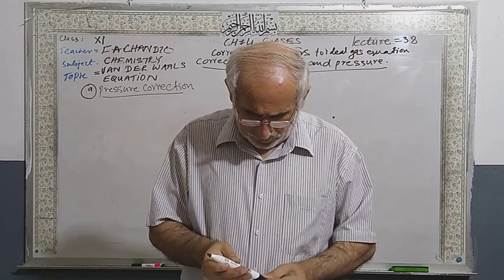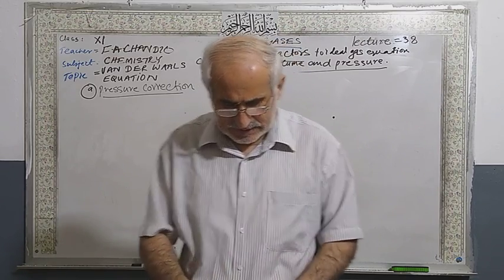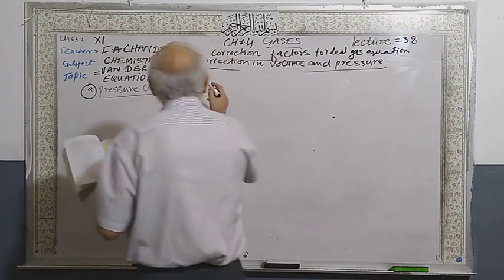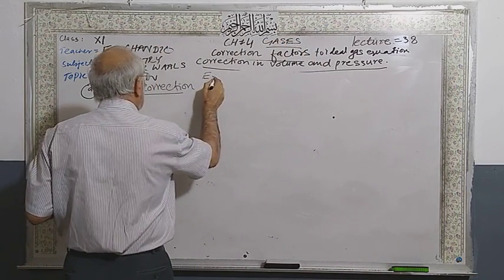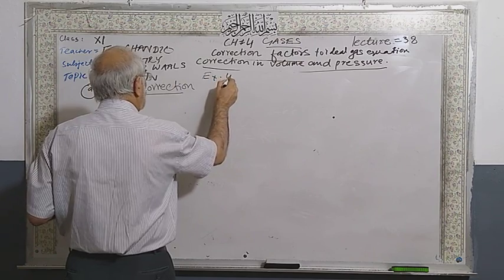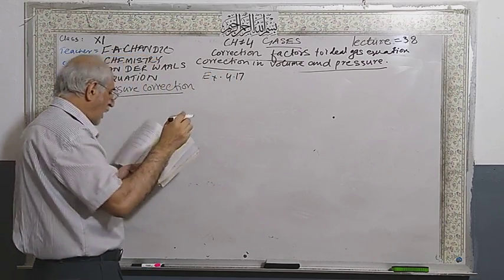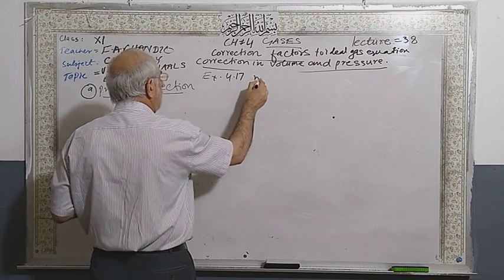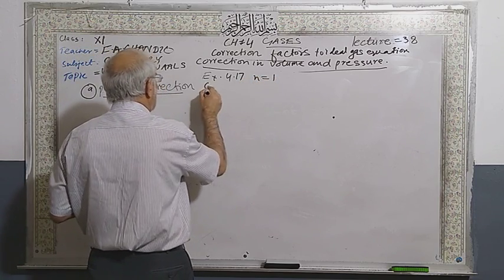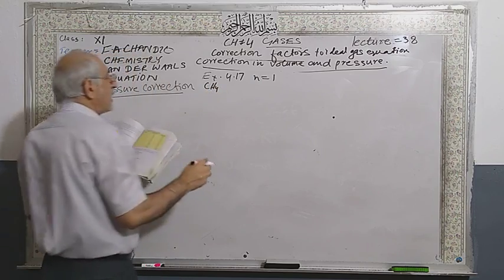One mole of methane gas. 1 mole of methane means n is equal to 1, for the gas CH4 methane.